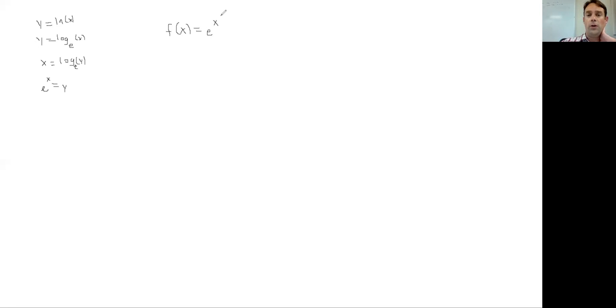And it's good to remember what e is, all right? It's that Euler number, but that e is derived from this limit as n approaches infinity of 1 plus 1 over n to the n.